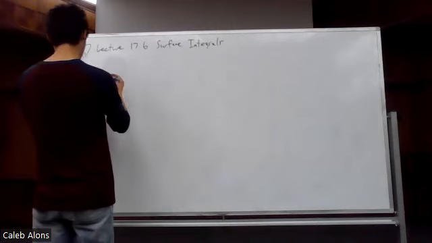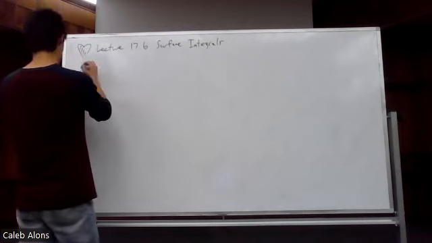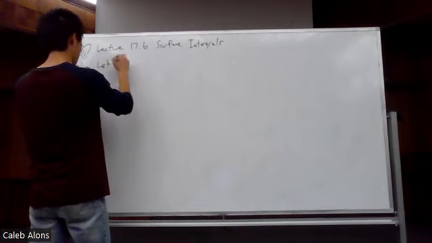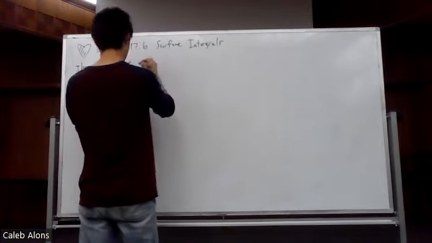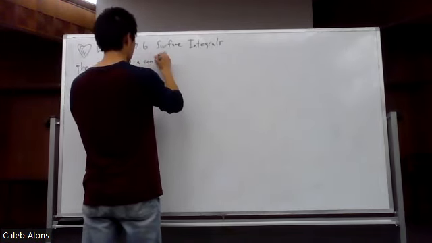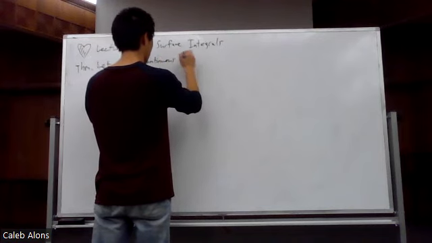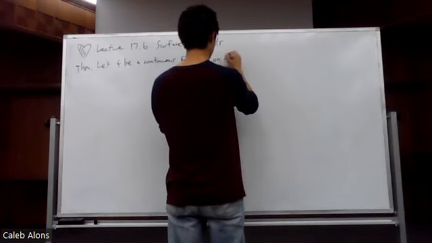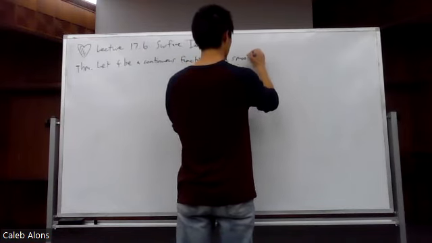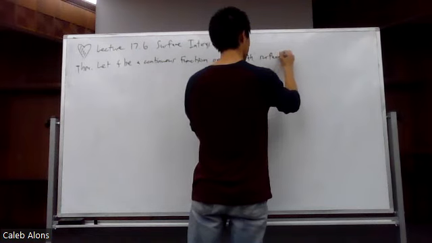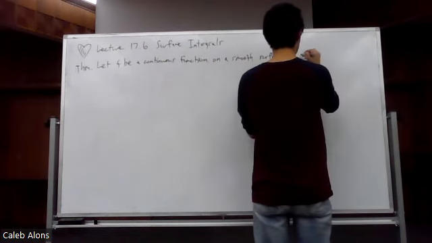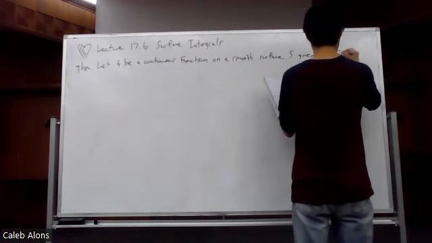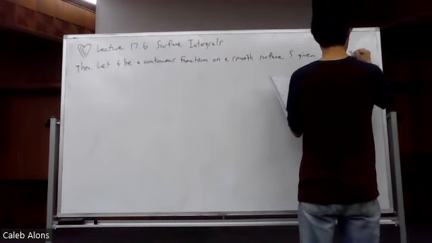If you end up in a circumstance where you've got a function, so let f be a continuous function on a smooth surface S. Now, instead of being given parametrically, it'll be given by some z equal to g of x, y.